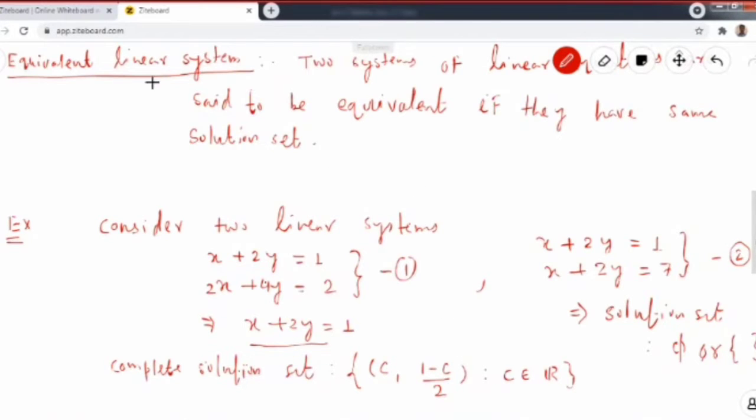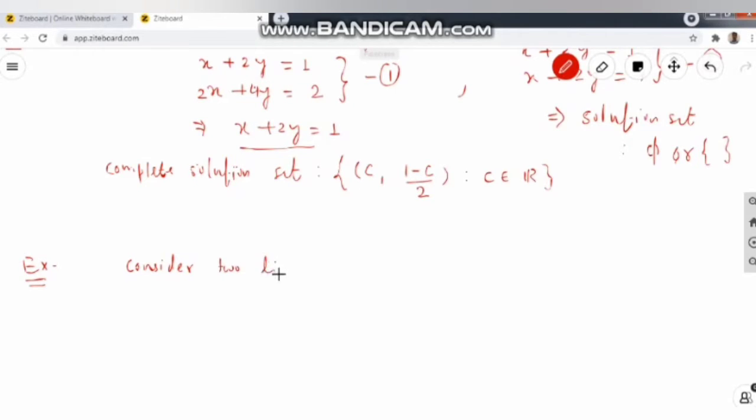So what is the meaning of equivalent? The first linear system is 2x plus y is equal to 1, 4x plus y is equal to 1.